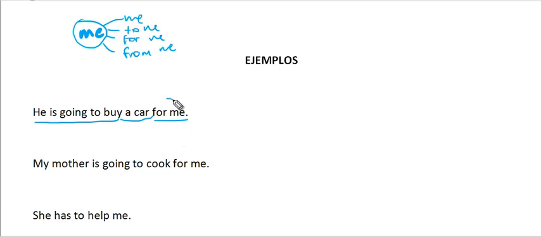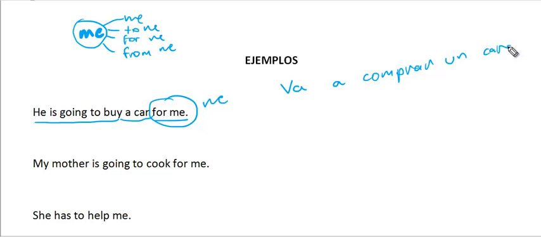So in this case, we know that this for me is going to be me. But where do we put the me? In the sentence. We're going to apply the placement rules. So, él va a comprar un carro and me. But where do we put the me? Where do we use that?